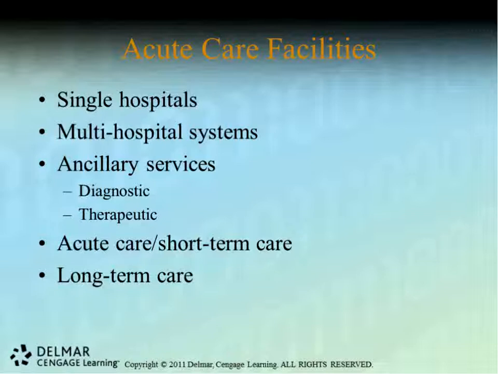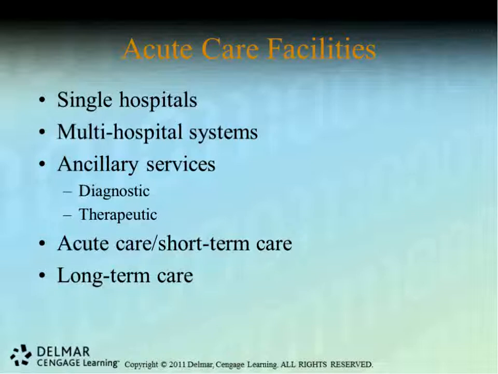You can also see in acute care facilities, quote-unquote hospital, they have ancillary services available. These usually include your diagnostic and your therapeutic services that can be on an inpatient or outpatient basis, like your laboratory or your physical therapy.